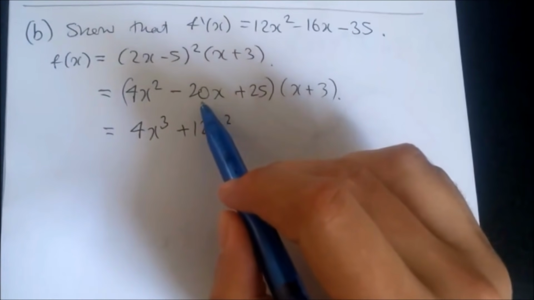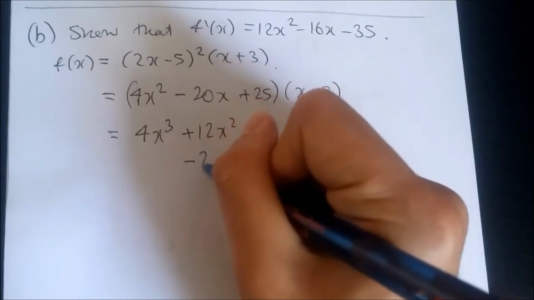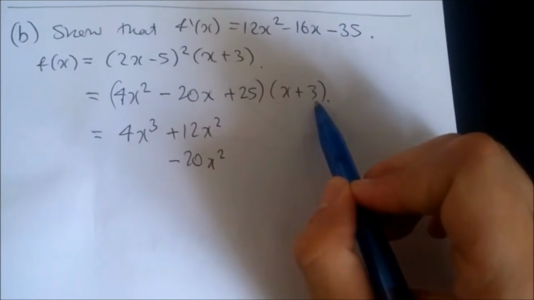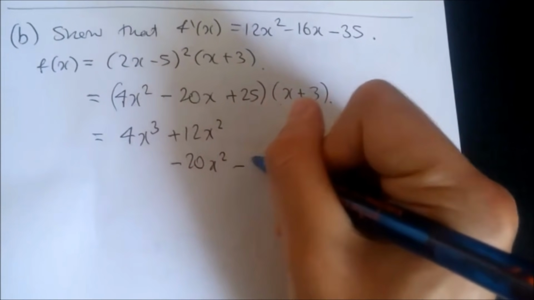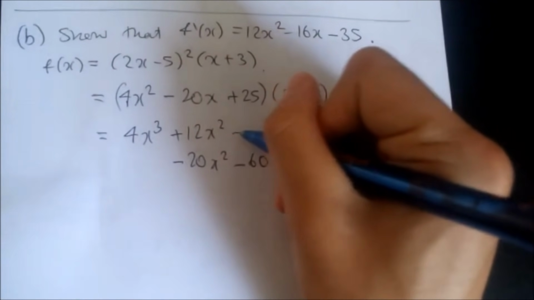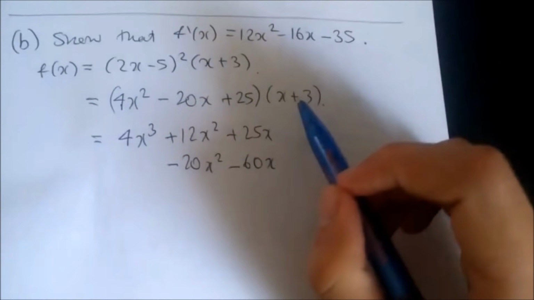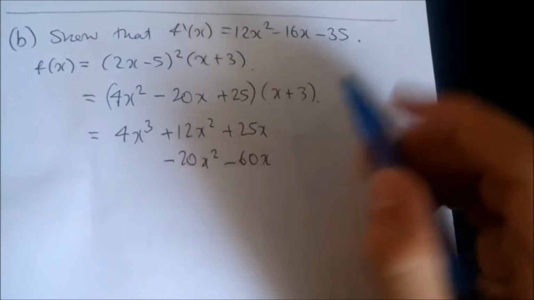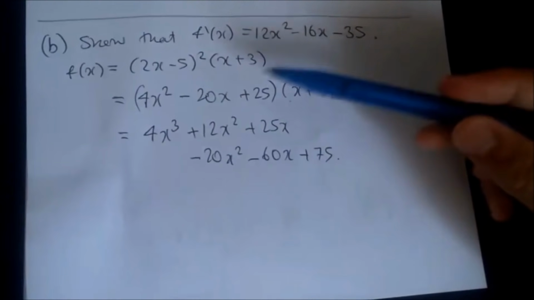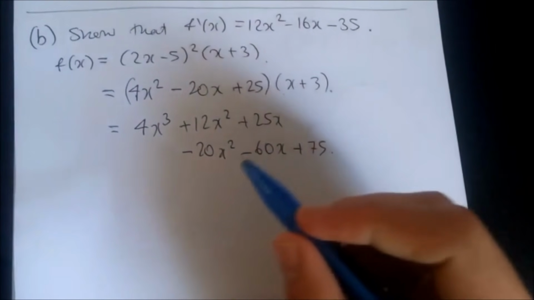And then lastly, minus 20x times x is minus 20x squared. Minus 20x times plus 3 is minus 60. And now 25 times x is plus 25x, don't forget x is here, I could have made a mistake, and 25 times 3 is plus 75. As you see, it's all laid down nicely by powers of x and by coefficients.